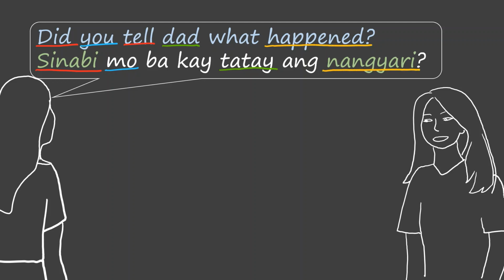We used kay, tatay, because tatay is the recipient of whatever was said. And we have ang before nangyari because remember in the previous example, when we asked what happened, we said ano ang nangyari. We just omitted the word for ano.